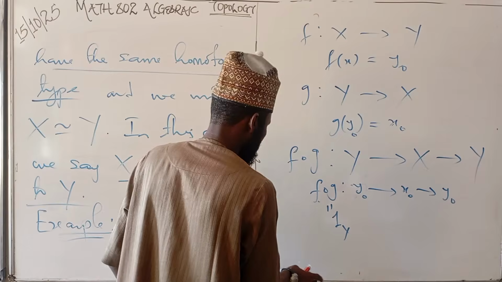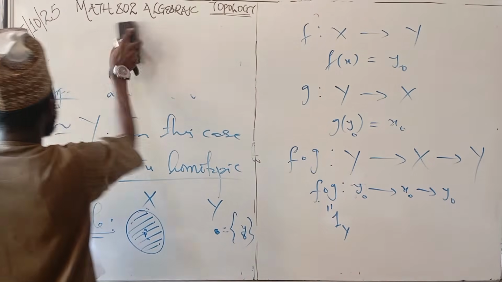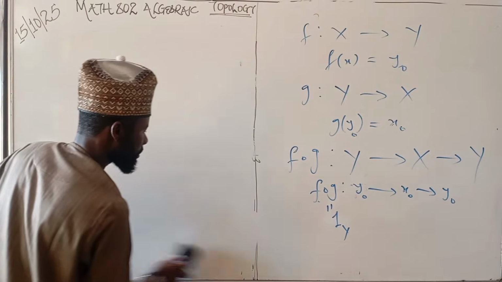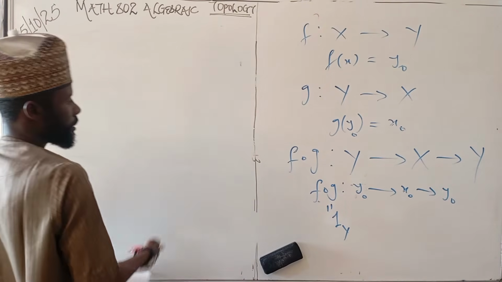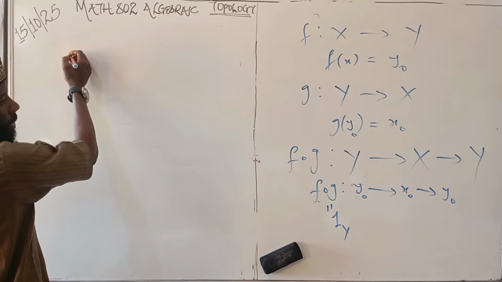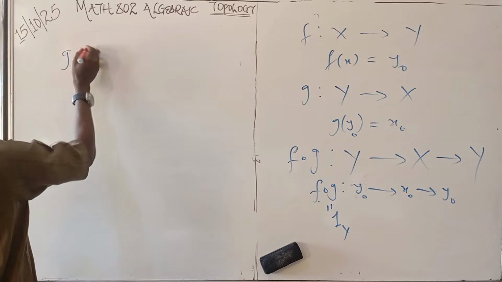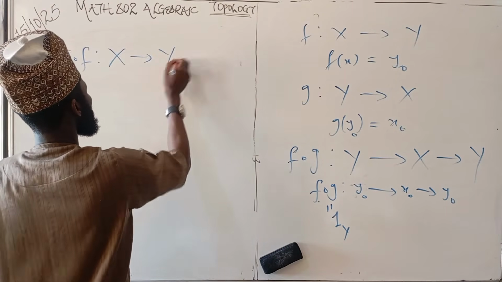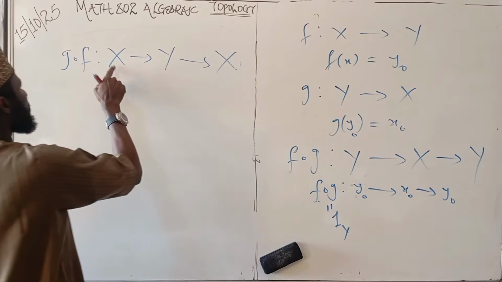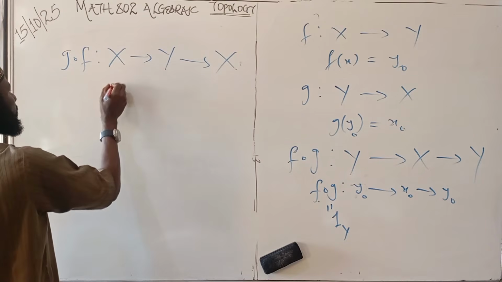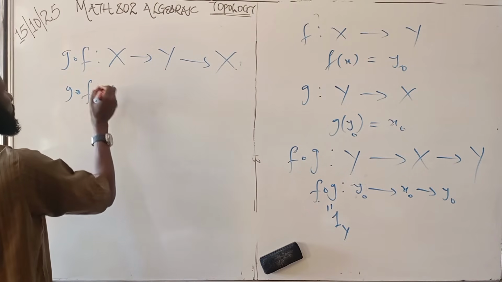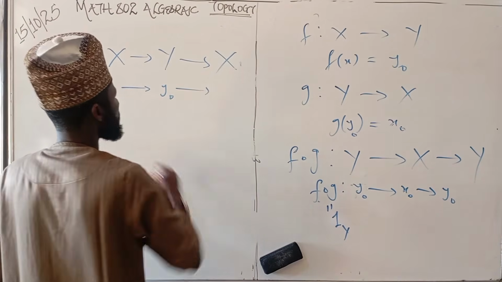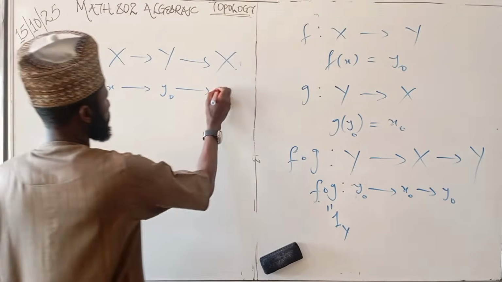And how about if you take the other way around, the composite G after F? This will be from X to X. But if you take an X here, it will be mapped to Y naught, and this Y naught will be mapped to X naught.